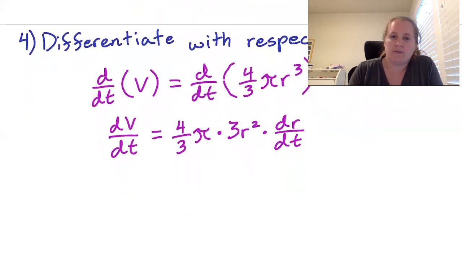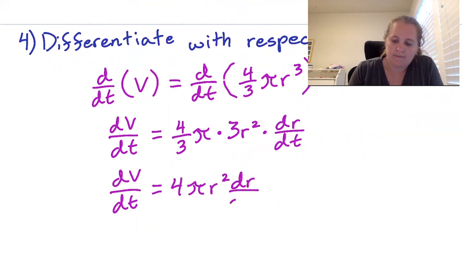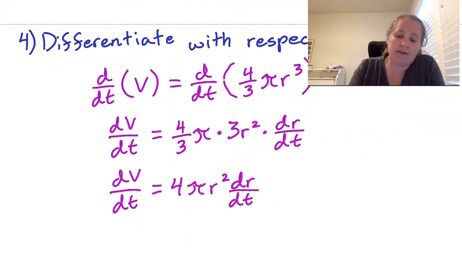And if we simplify, we get dV/dt is equal to 4 pi r squared dr/dt. At this point, we have our formula to relate rates, and we can go ahead and plug in all the information we were given to find what we want to find.